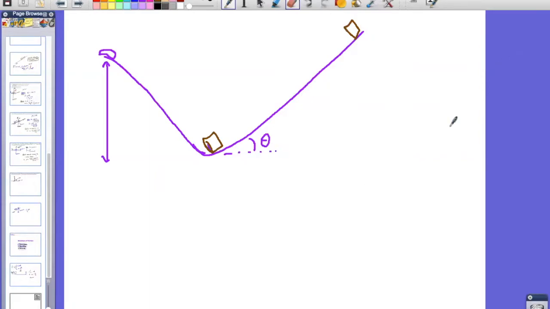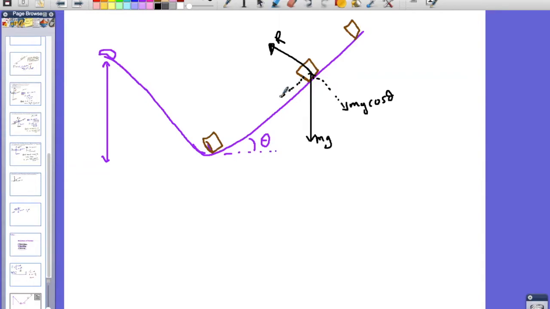You analyze the problem the same as we have analyzed the other one. At any point on this hill, what will happen is you have the weight mg, you have the normal contact force R, and if no other force is acting here, then R is equal to mg cos theta, right?